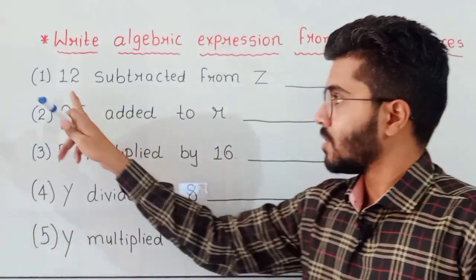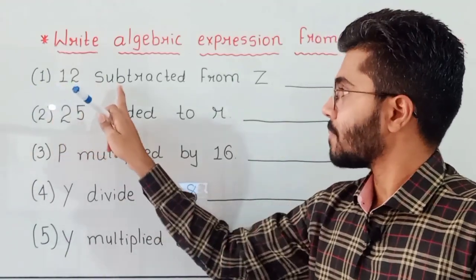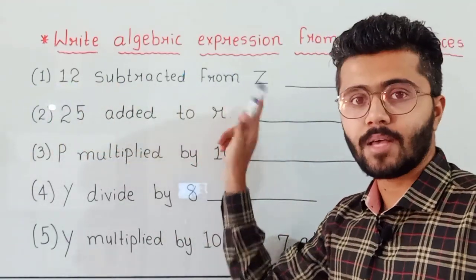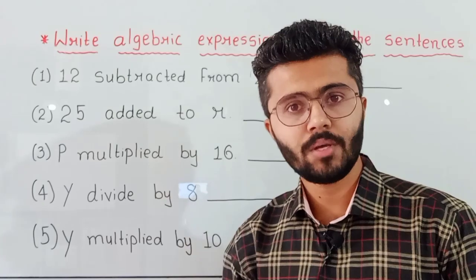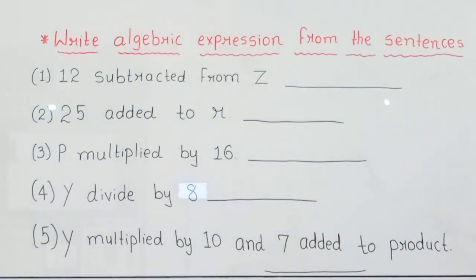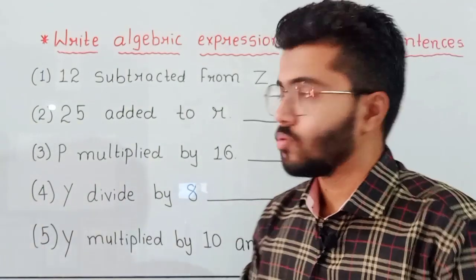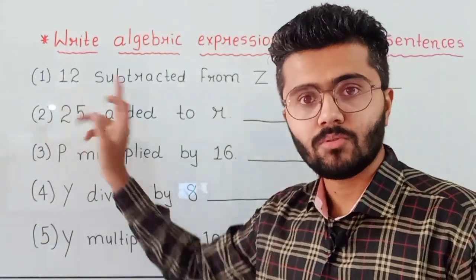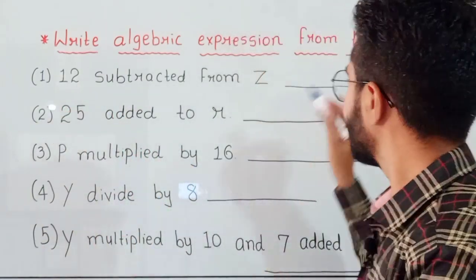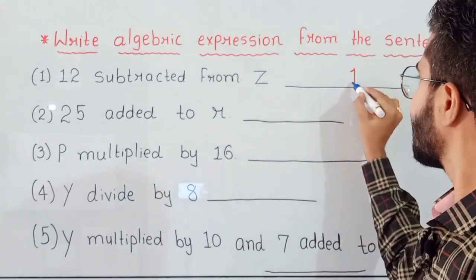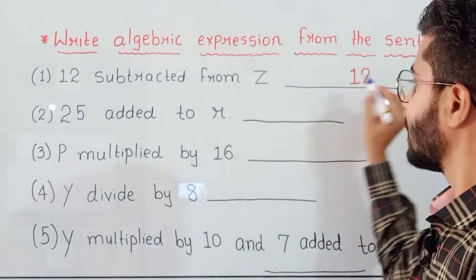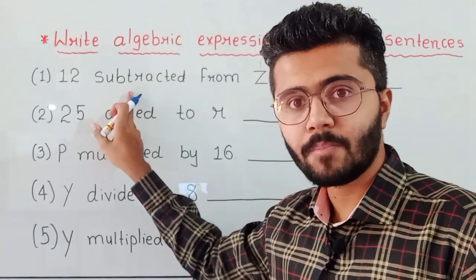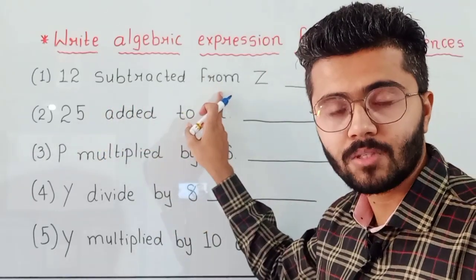First one, 12 subtracted from Z. So we'll solve it very slowly. So we have 12, so we'll write 12. Second is subtracted from.